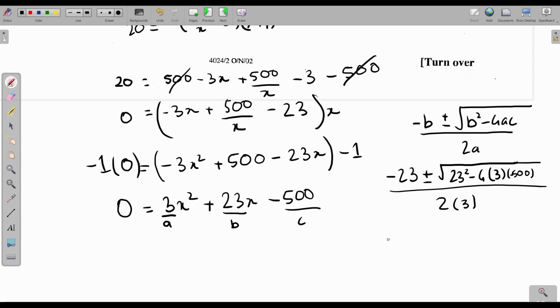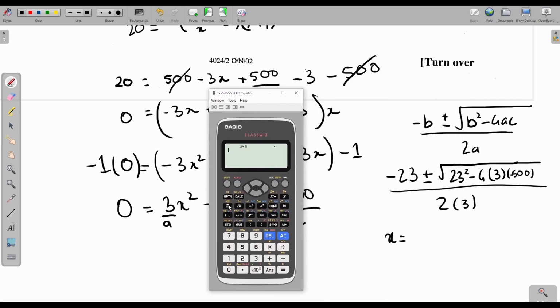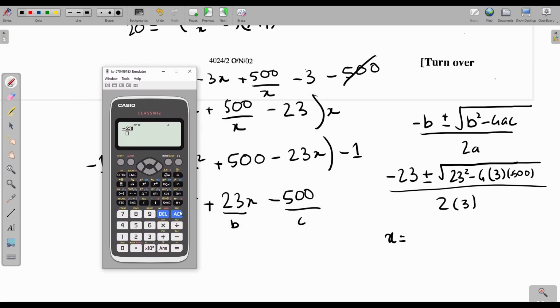All right, so x would then be equal to, we can obviously use our calculator for this. So let's just set that up. Negative 23 plus the square root of 23 squared minus 4 times 3 times negative 500, over 2 times 3.